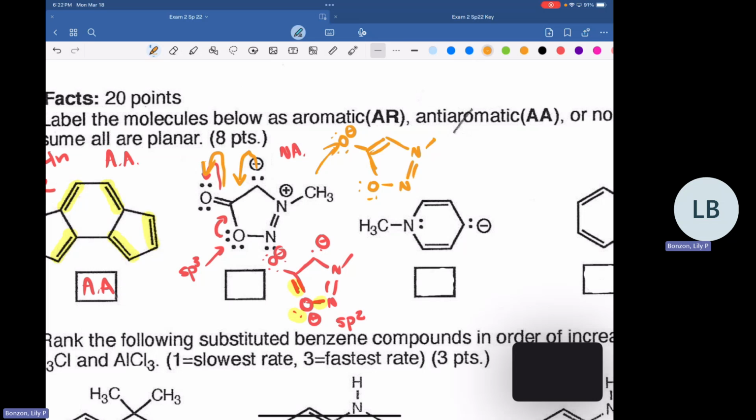Again, this carbanion went from being sp3, and now it is going to be sp2. You've got a hydrogen there that you got to watch out for. So we've got 1, 2, 3 regions. So this one is sp2. So this one could satisfy the aromatic rules.